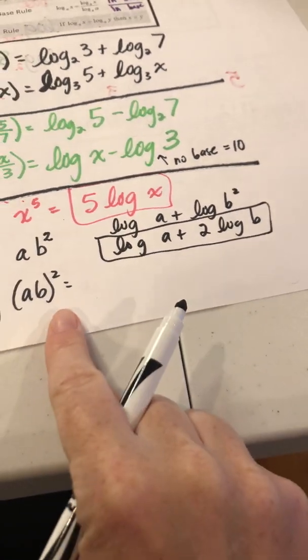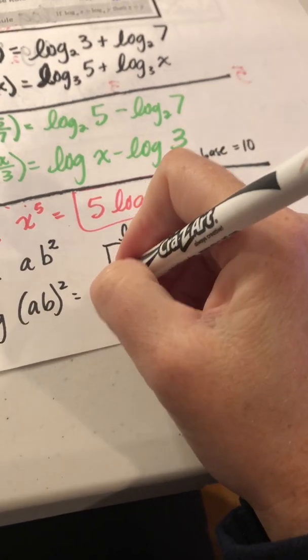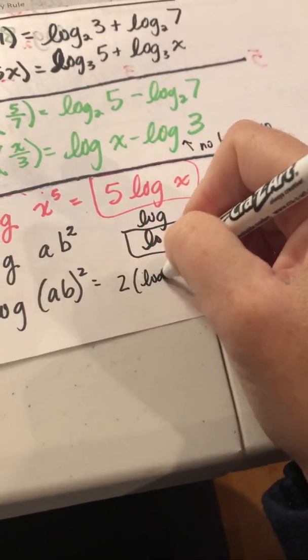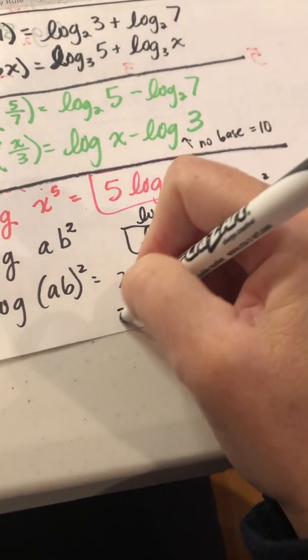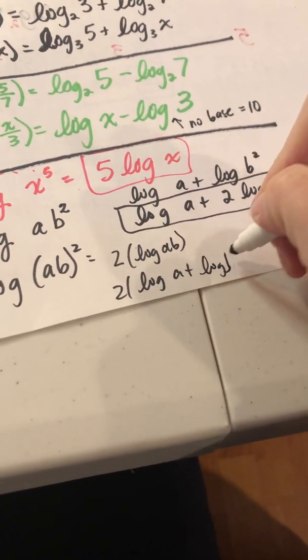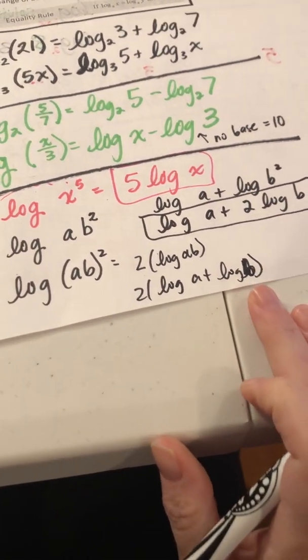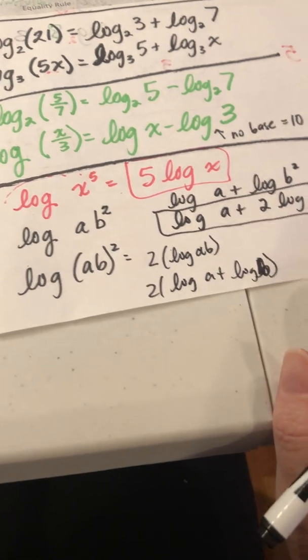This next one, there's two different ways. Some students would bring it down in front first and say I've got 2 log AB, which is 2 times log A plus log B. It's a little sloppy, I'm sorry.